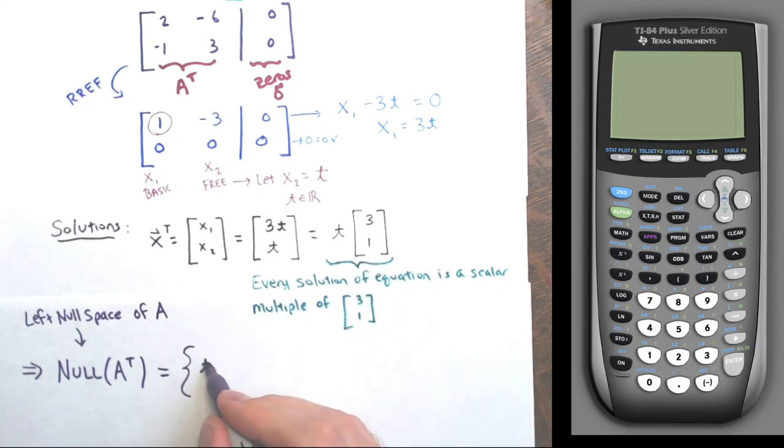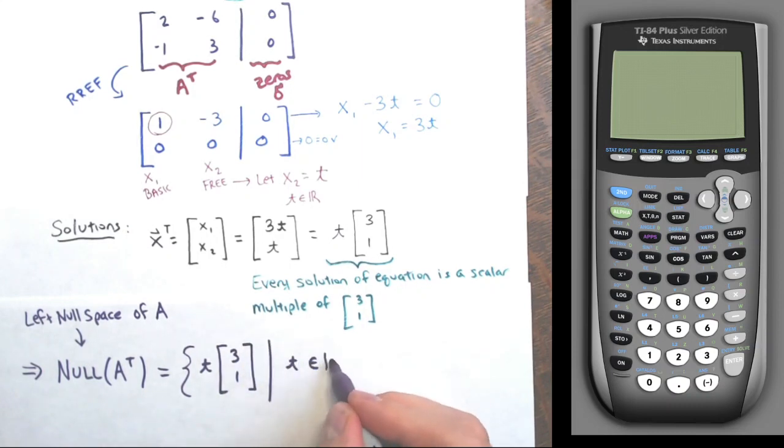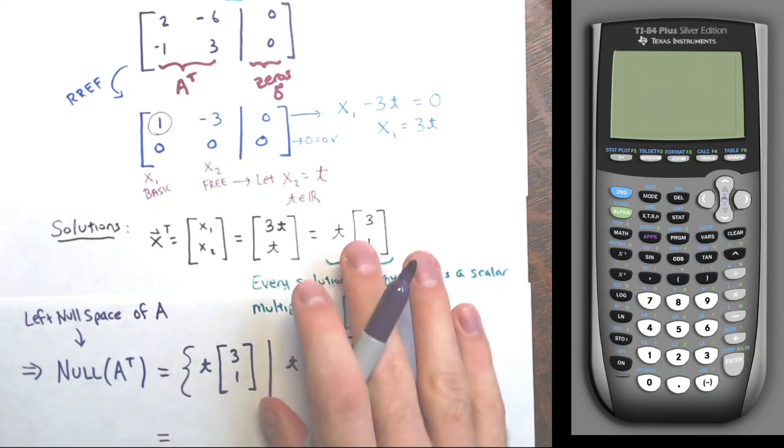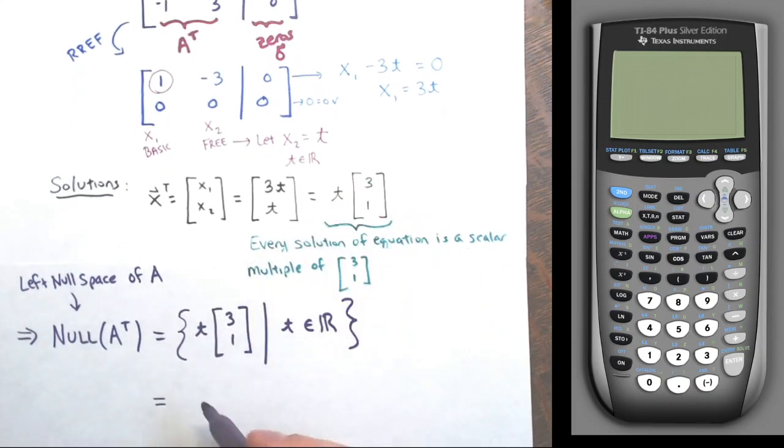So some number t times the vector 3, 1, so long as that number t is real. Or you could also say that the null space of A transpose, this left null space of A, is the span of the set with the vector 3, 1 in it.